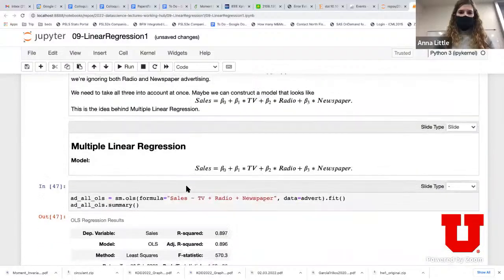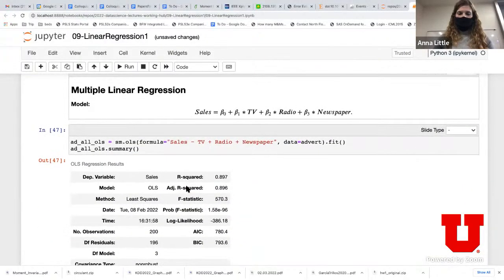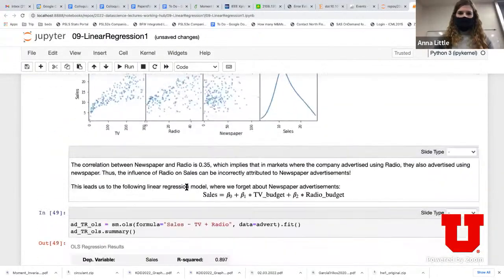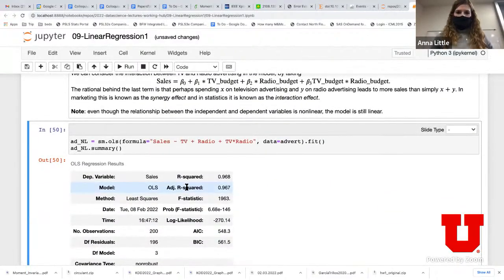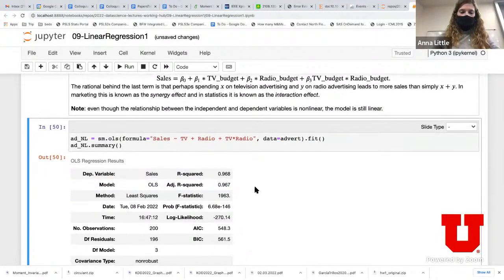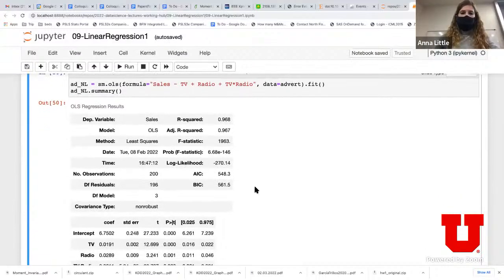Okay, so back. We're on interaction. Okay, so we get a nice boost in performance. Now it's closer to 97% of the variation in sales described by the model once we include that interaction term. And then here, this is our global p-value, very small, indicating that there's something significant going on.